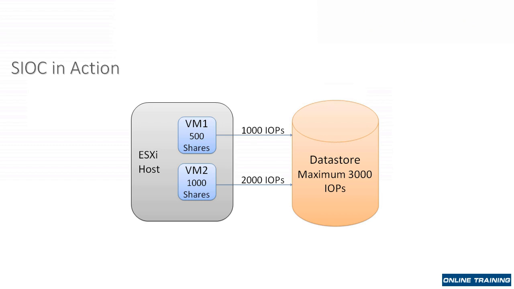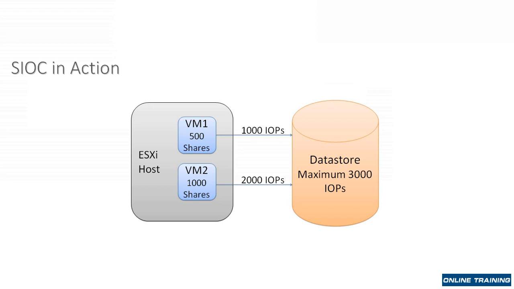So essentially VM1 can only push half the IOPS that VM2 can. Now the beauty of shares is under normal operating circumstances, this is actually not enforced. Shares are only enforced if a certain latency threshold is met. So when we start to get contention, that's when this share structure actually gets enforced.